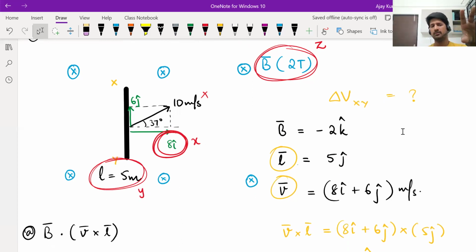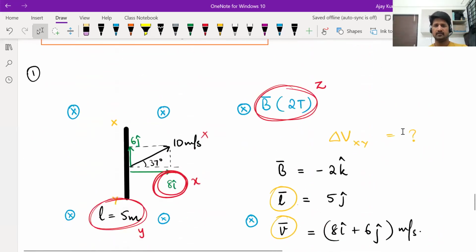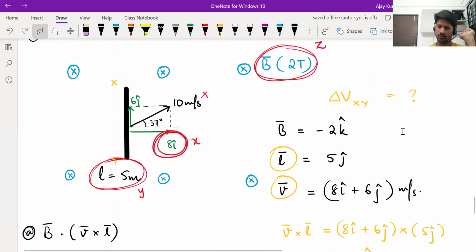Now we found that the potential difference is 80 volts. Which end, X or Y, will be at higher potential? X is the upper end, Y is the lower end. Generally, the side to which positive charges go will be at higher potential.